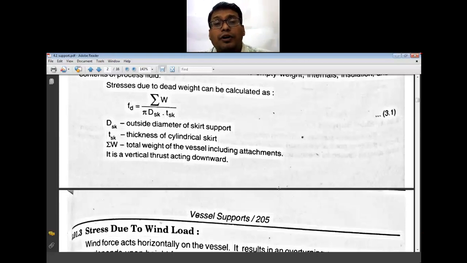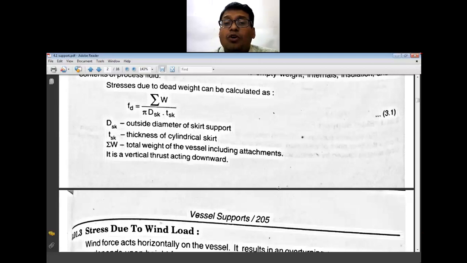The total weight of the vessel is the summation of dead weight plus the weight of the contents. Next is the lateral load by the interconnecting pipes, then the wind load and the seismic load. These are the different loads which are acting.